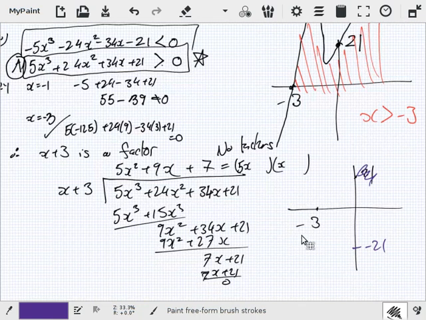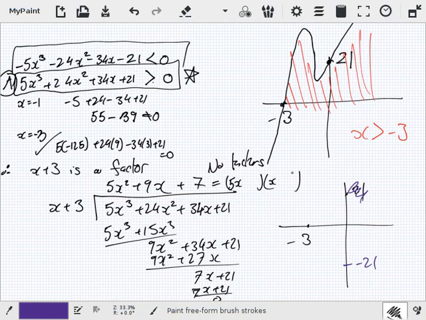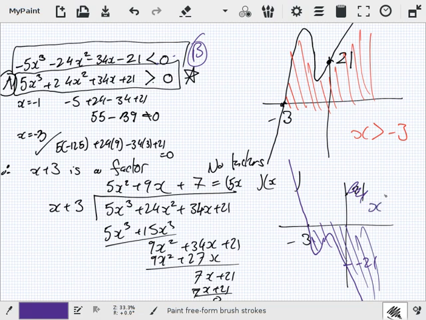Like that. But this time in B, I want it to be less than 0. So that's below. So that means x must be bigger than minus 3. So it's the same then.